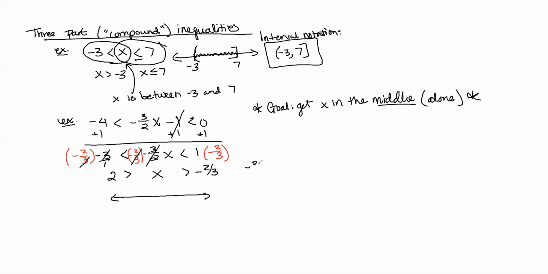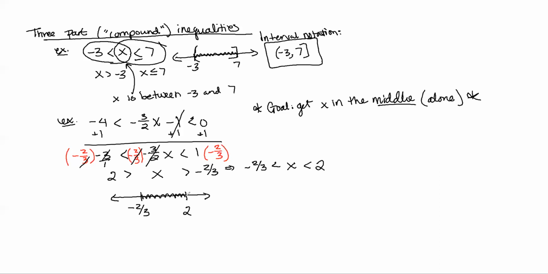So negative 2/3 on the left, x is still in the middle, 2's on the right, but then we have to flip both of these. So you can always do that if you want to, or just know that negative 2/3 is a smaller number and it goes on the left, 2 has to go on the right, and then you always shade in between.